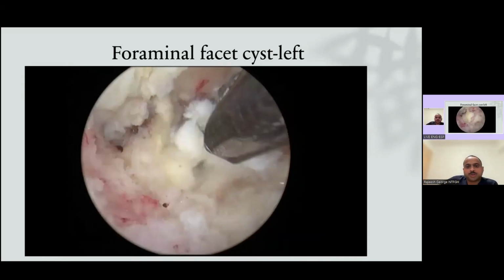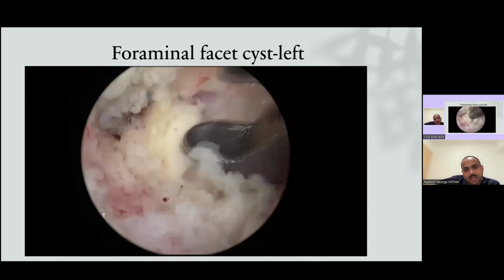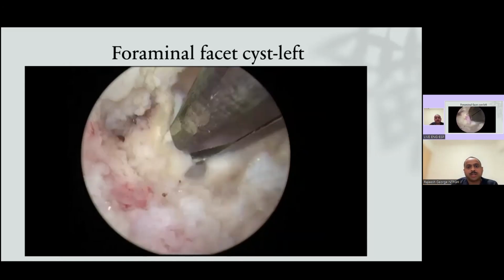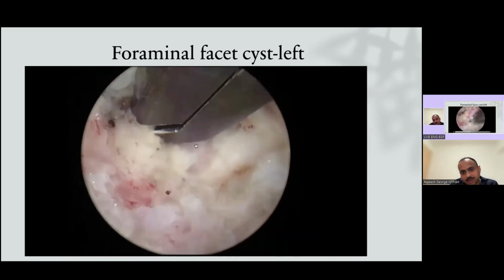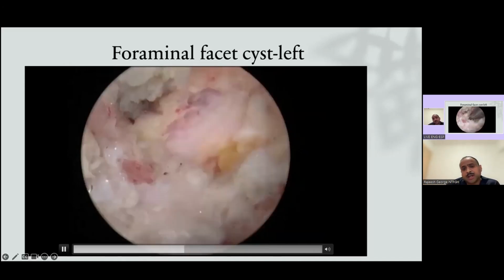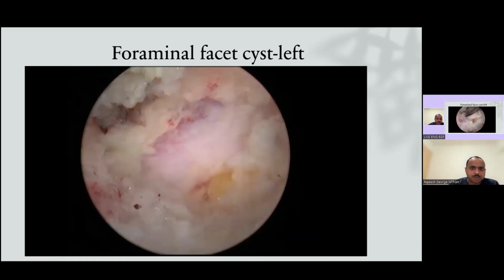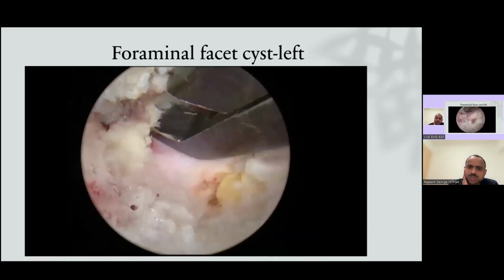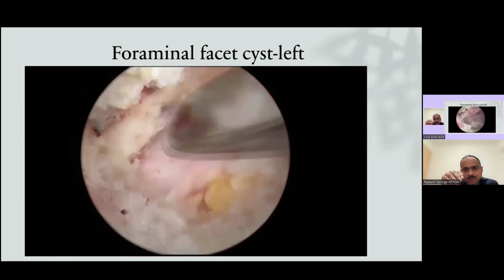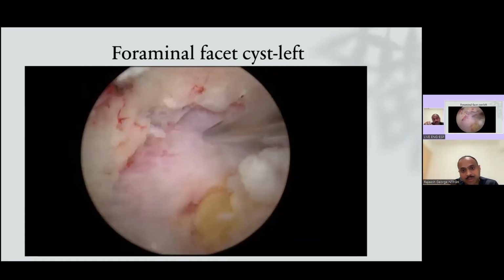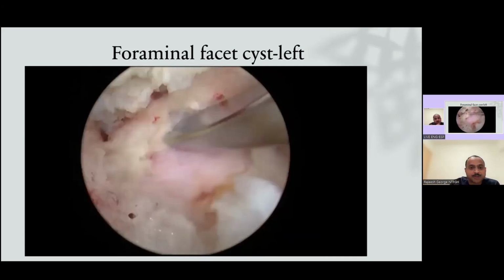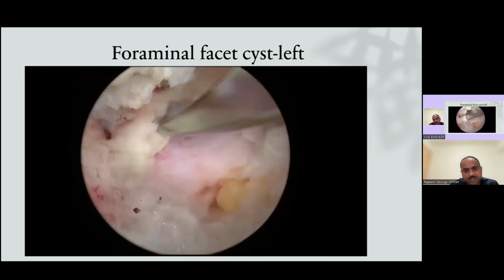Create just enough space for your instruments to go in, so you don't take out too much of the surface. Once you remove it, the structure that you're seeing there looks like a nerve, but like I said, if you pay close attention to your MRI, this usually presses the nerve root ventrally, and what you'll be seeing first would be your cyst. So that is your facet cyst.